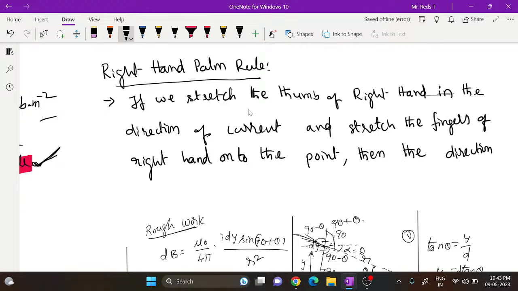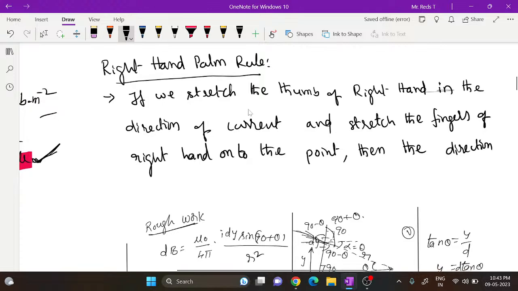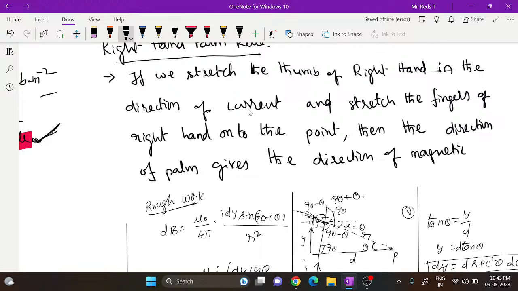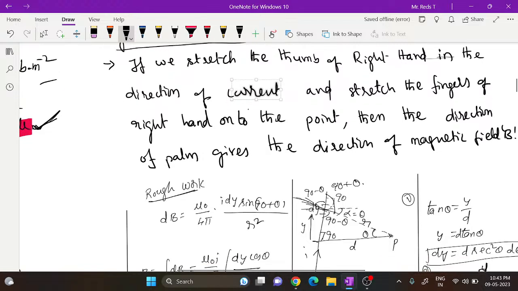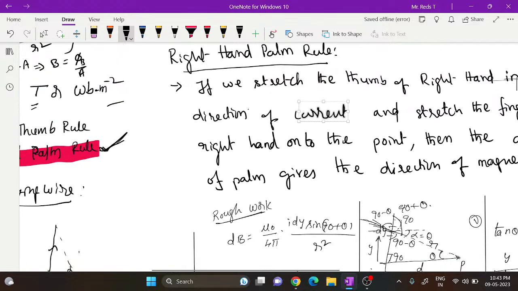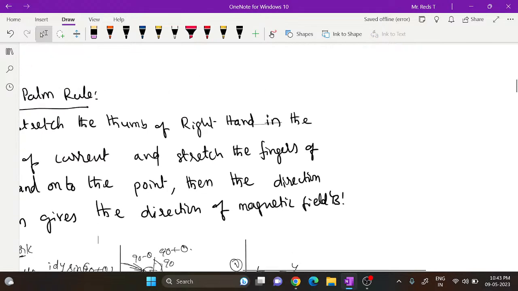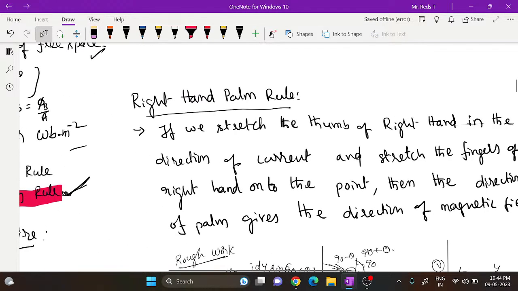To understand this, I'll give you one simple example. Write down the statement completely first.